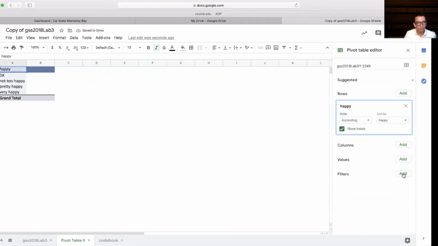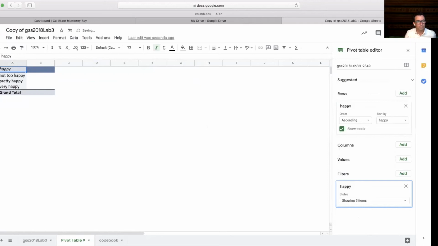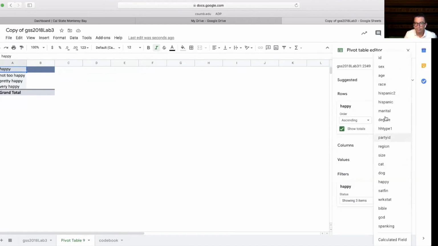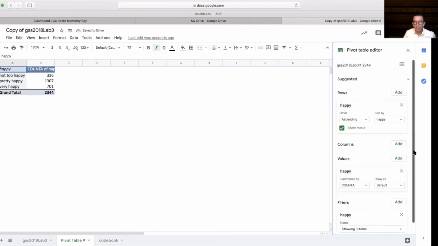And I don't like that don't know there, so I'm going to add a filter for happy. And I'm going to uncheck the don't know category. Okay, boom, ready. Let's ask for the variable happy on the values. Okay, there we have our frequency distribution there.